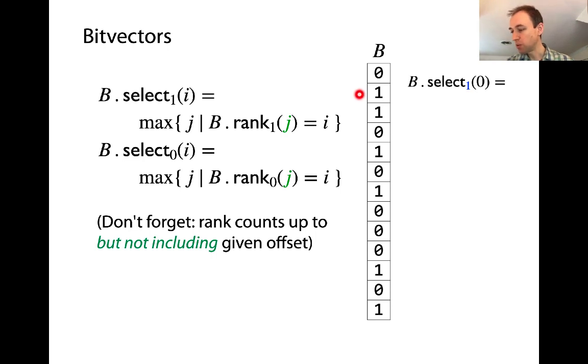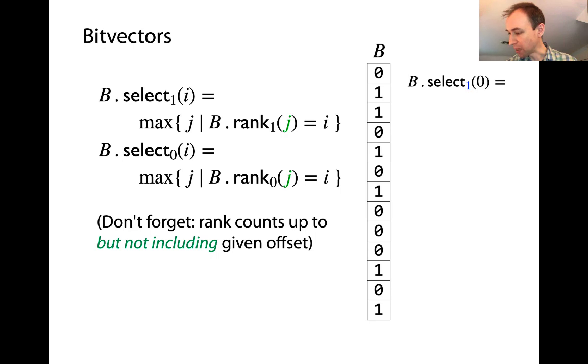Okay, what's the rank sub1 at j at this row? It's still 0, because I would only count this position if it were a 1, but it's not a 1. So the rank sub1 at offset 1 is 0. Now let's try offset 2. The rank sub1 at offset 2 is 1. So now I know the maximum j such that b.rank sub1 of j equals I. It's 1.